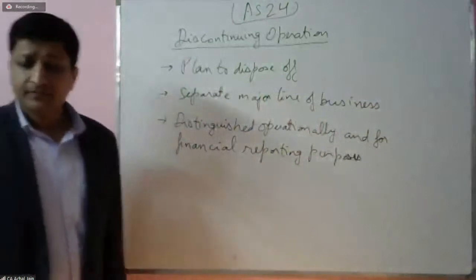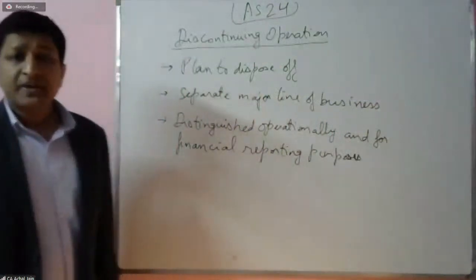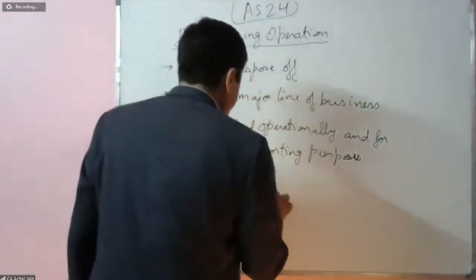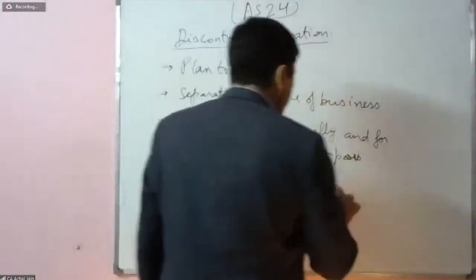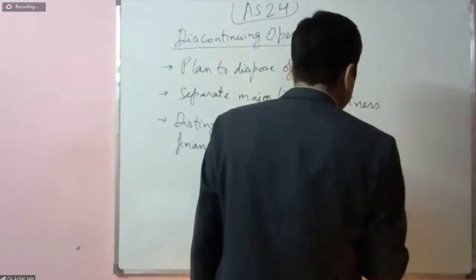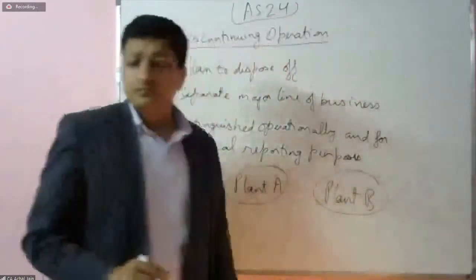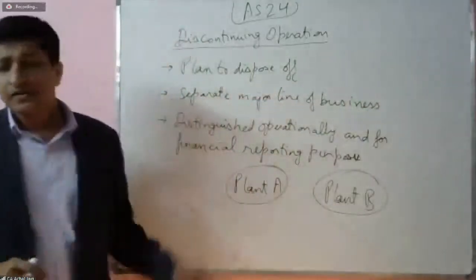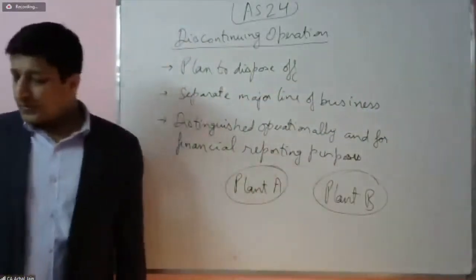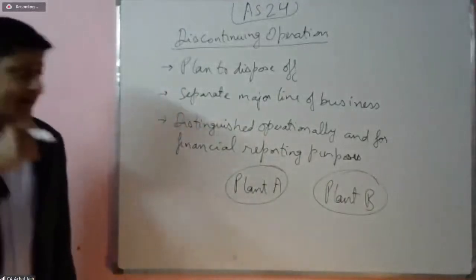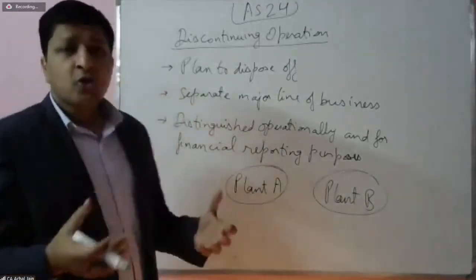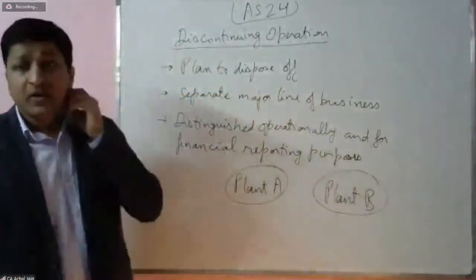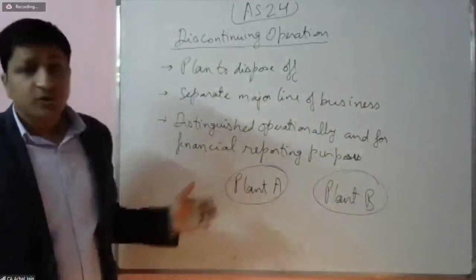So what does it mean? Say a company has two plants, plant A, plant B. The company has been maintaining separate books of accounts for both the plants, and as at the year end, the company consolidates these two.